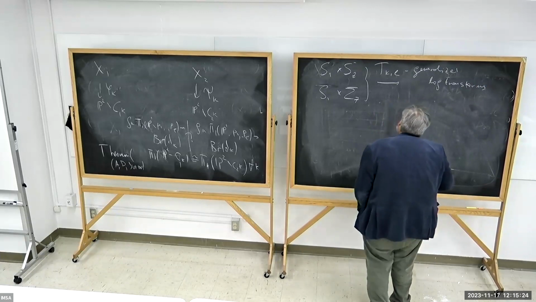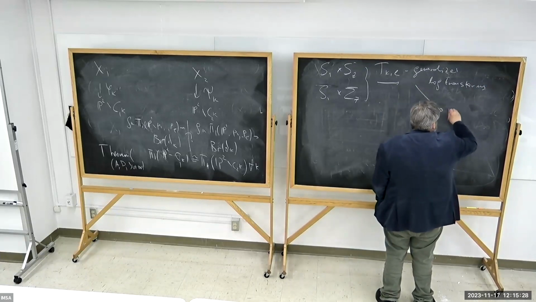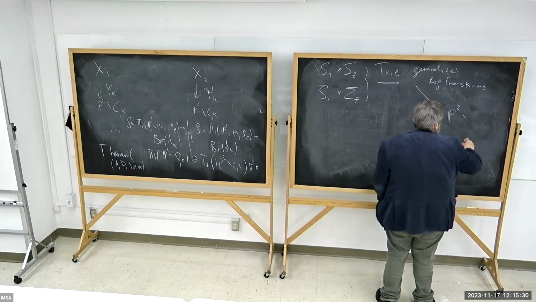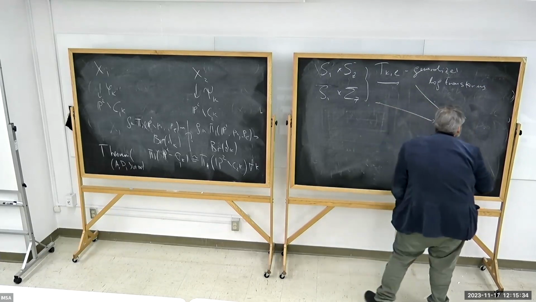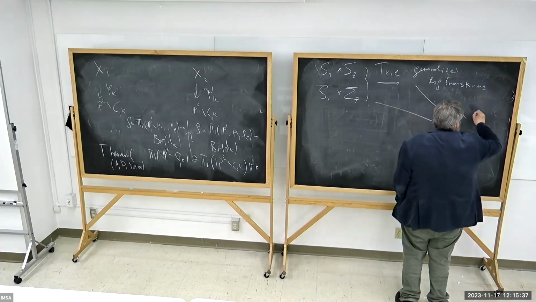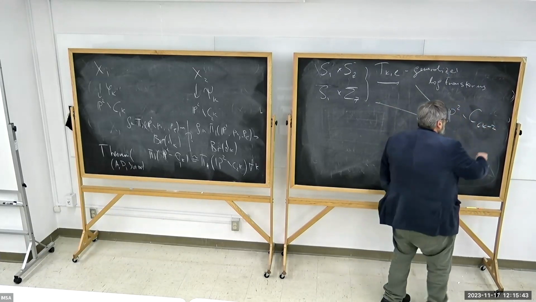And the result of the generalized log transforms were P2 minus curves. In other words, these were fibrations over P2 minus curves. It was 6K minus 1.